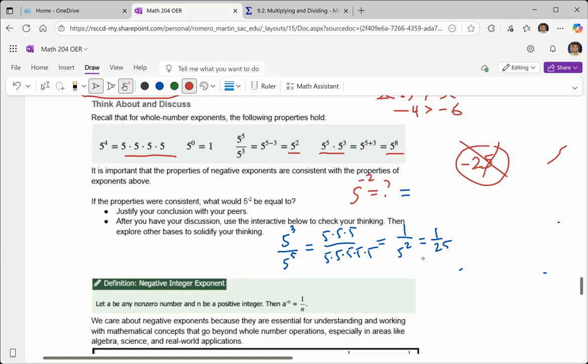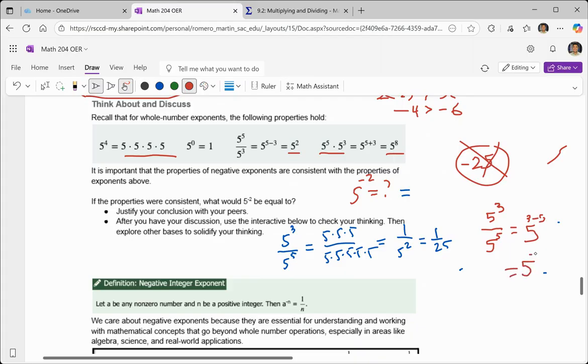That's what you get. Now, another way to think about that is saying 5 cubed over 5 to the 5, right? You have that. And from the rules of exponents, this would be 3 minus 5. So we end up with 5 to the negative 2.